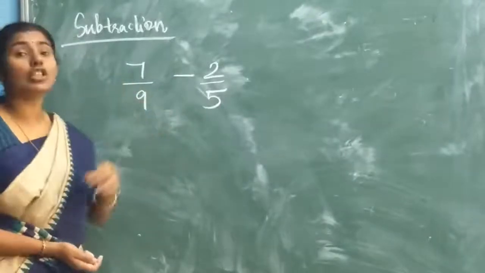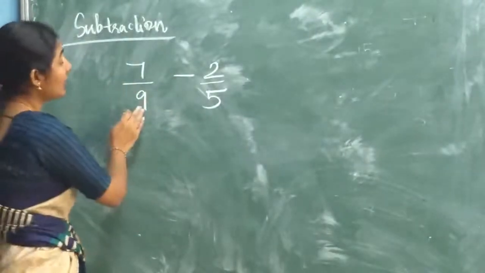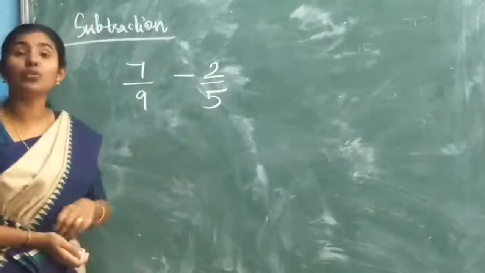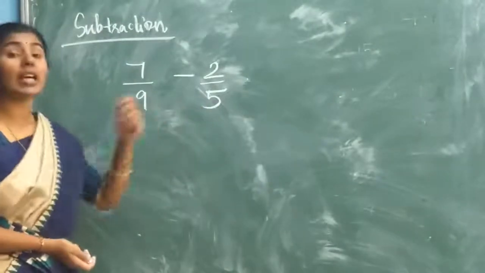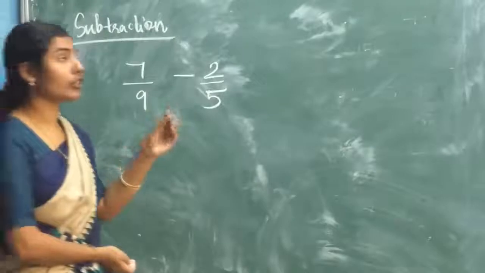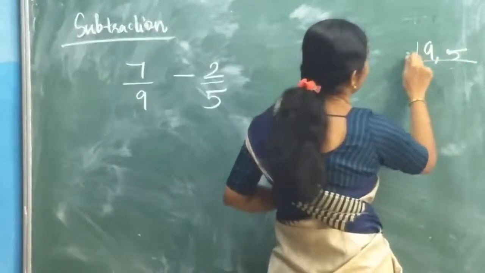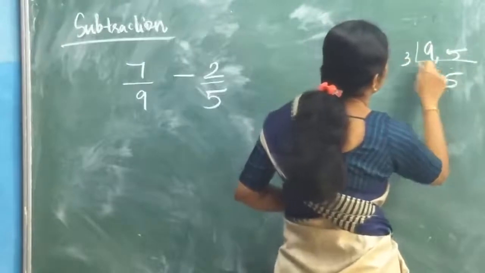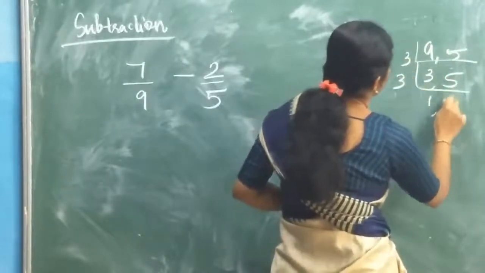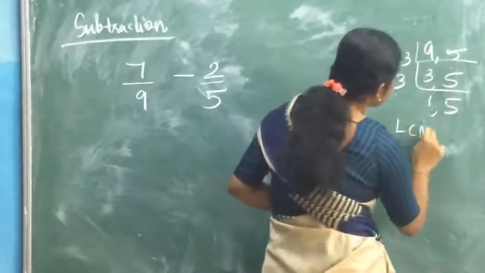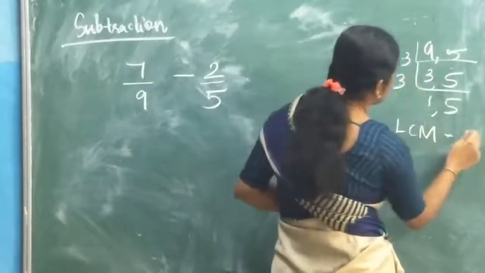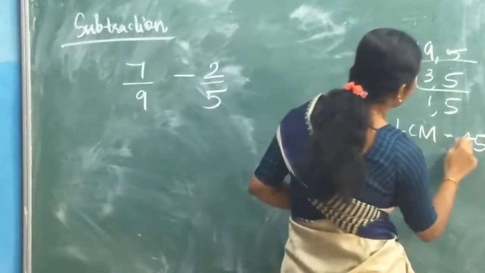And see which are the denominators. Denominators are 9 and 5. Both are different. So what should you do? Take the LCM. The LCM is 3 3s are 9, 9 5s are 45.